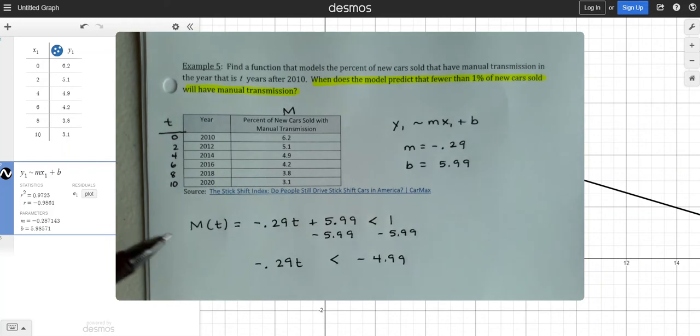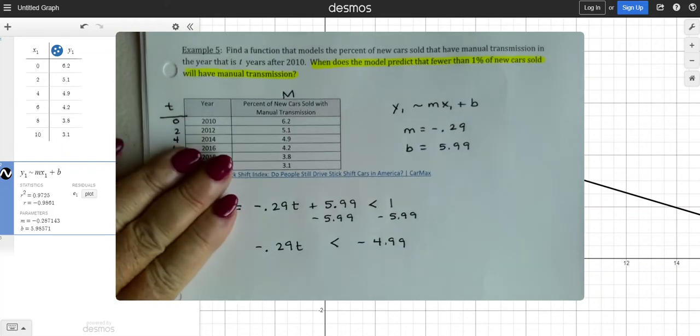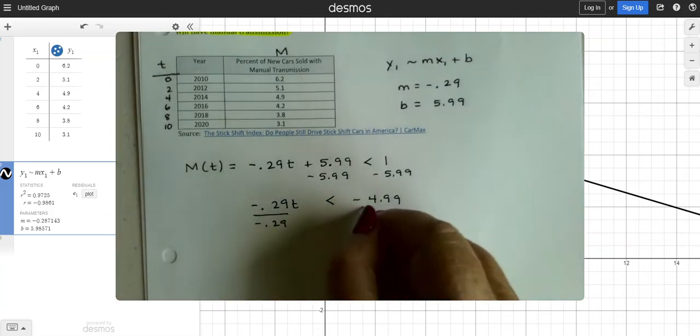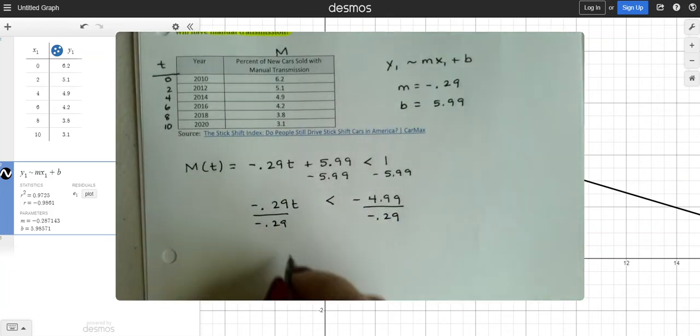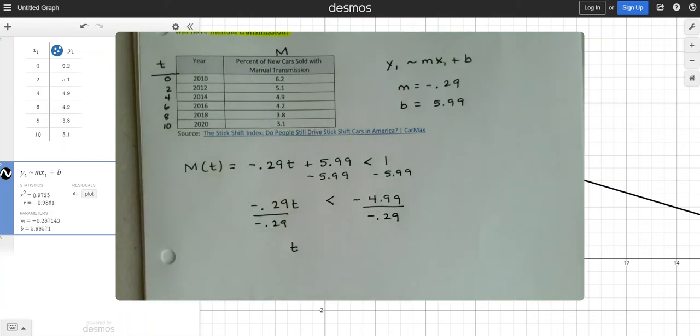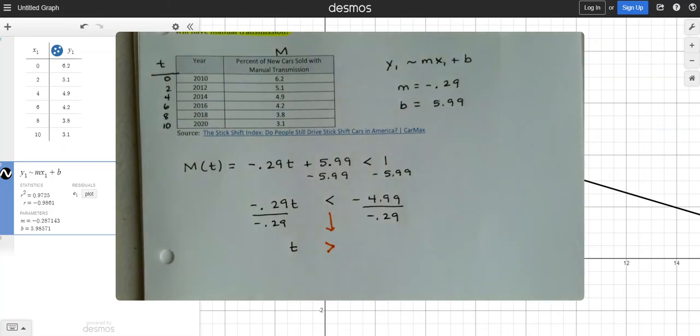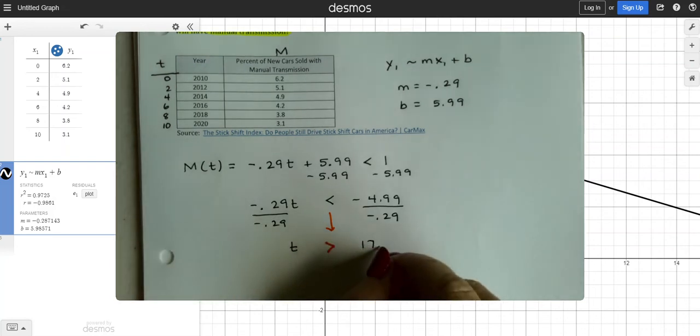By the way, I wrote my function in function notation, but you'll notice that when I'm solving the equation, I'm just kind of ignoring that, right? I'm just working with the inequality now. And then I need to divide by negative 0.29. Now I did divide by a negative number, so I have to reverse my inequality. T is going to be greater than, and grab my calculator here real quick, 17.2 when I divide those.